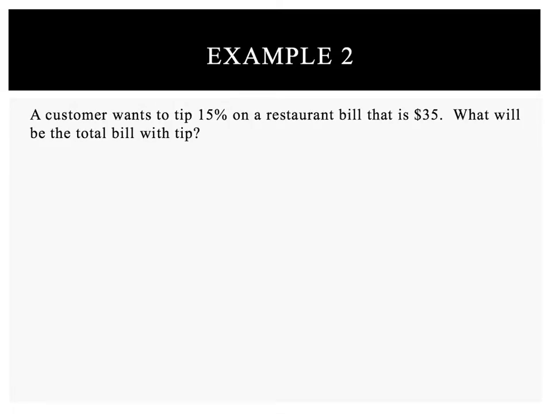So we know that it's 15% and the bill is $35. Again, there's two ways to do this. Method 1, T is going to equal the tip. So what we do here is first we find out how much the tip is, and then we add it to that bill. So remember, part equals percent times whole.